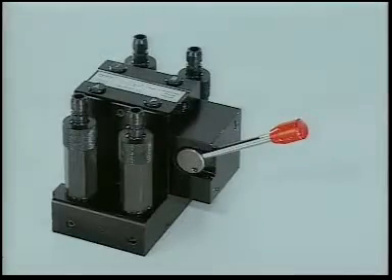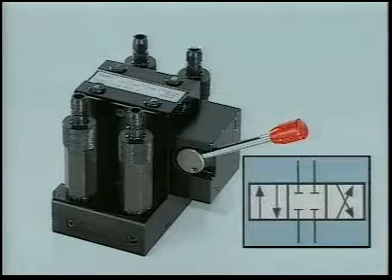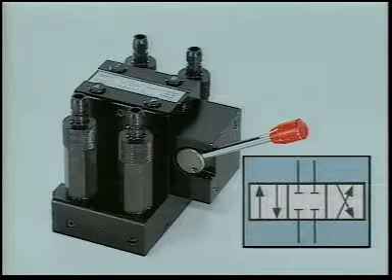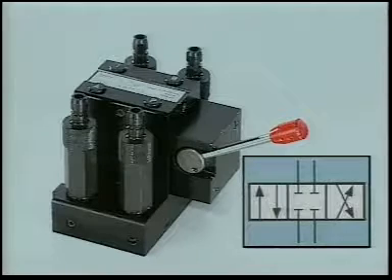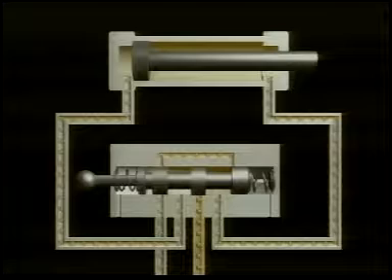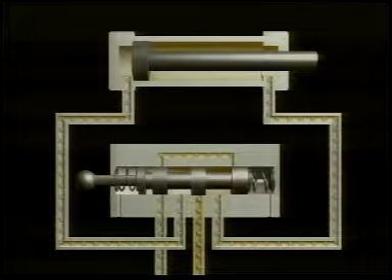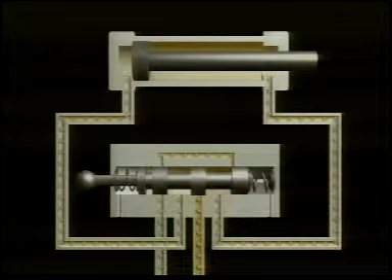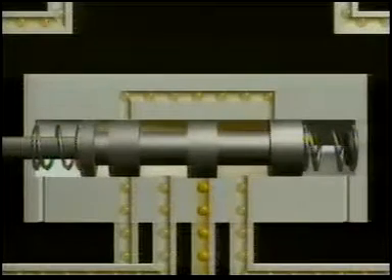This valve differs from the previous one in that it has 3 switching positions. It's a three-position valve. When this valve is in the mid position, all of the ports are blocked, which means it has a positive piston overlap.